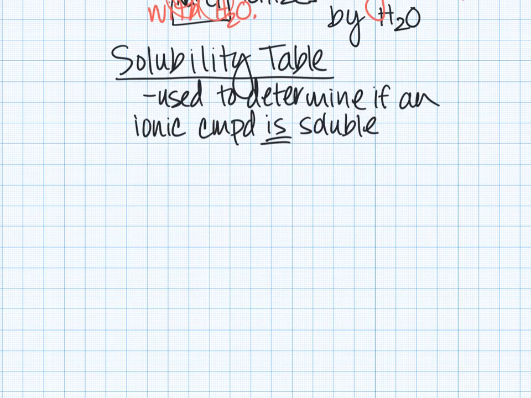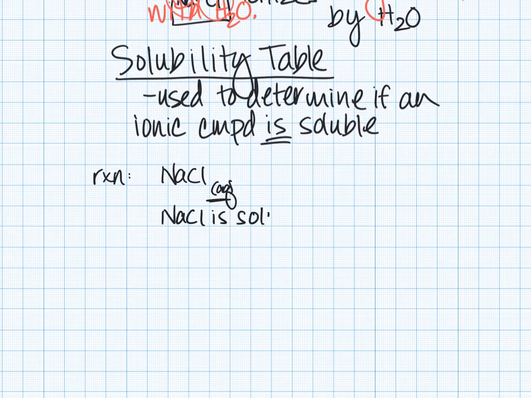You can also determine this if you're looking at a chemical reaction. So say you're looking at a reaction and you see in the notation as the subscript, aq. This right here indicates that sodium chloride is soluble, so in water. So the notation aq equals soluble. You can remember that.